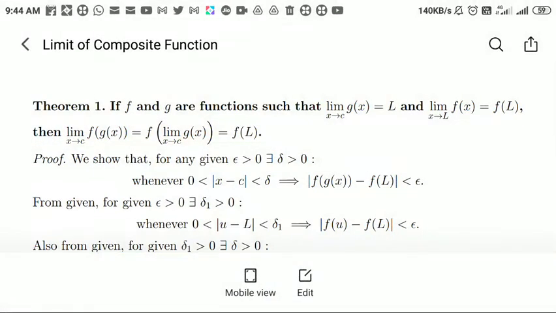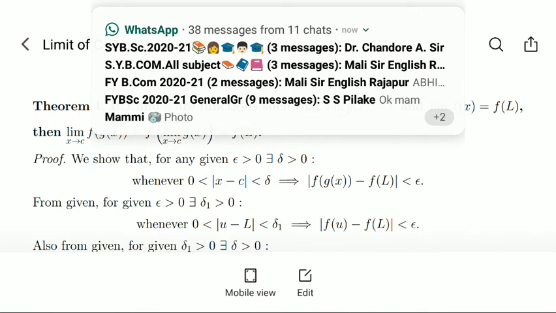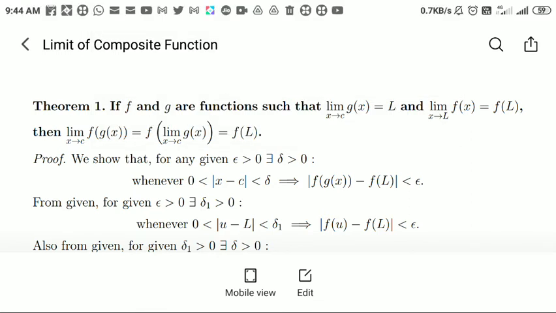The statement of the limit of a composite function is already stated. If f and g are functions such that the limit of g(x) as x approaches c is equal to L and the limit of f(x) as x approaches L is equal to f(L), then the limit of f(g(x)) as x approaches c is equal to f of the limit of g(x) as x approaches c, or we can say that it is equal to f(L).